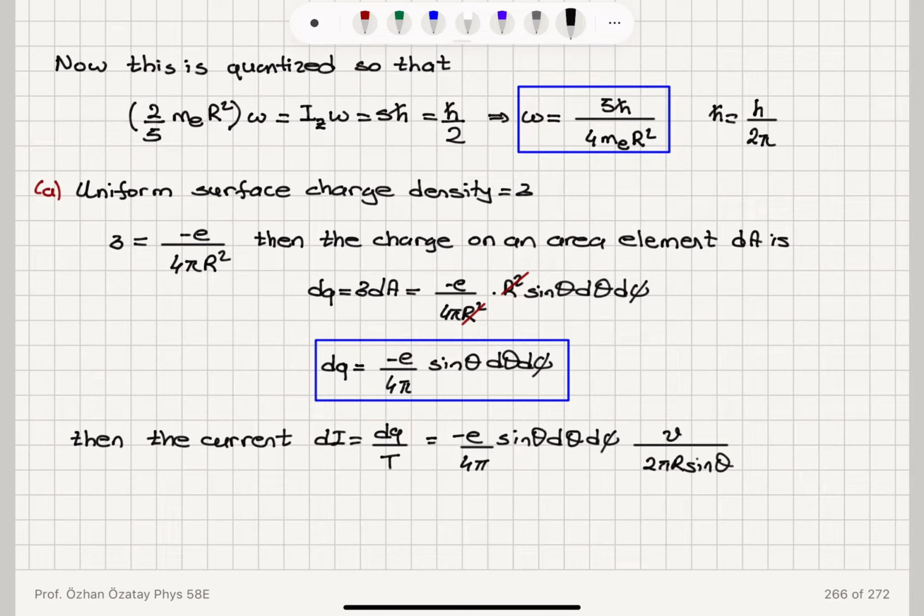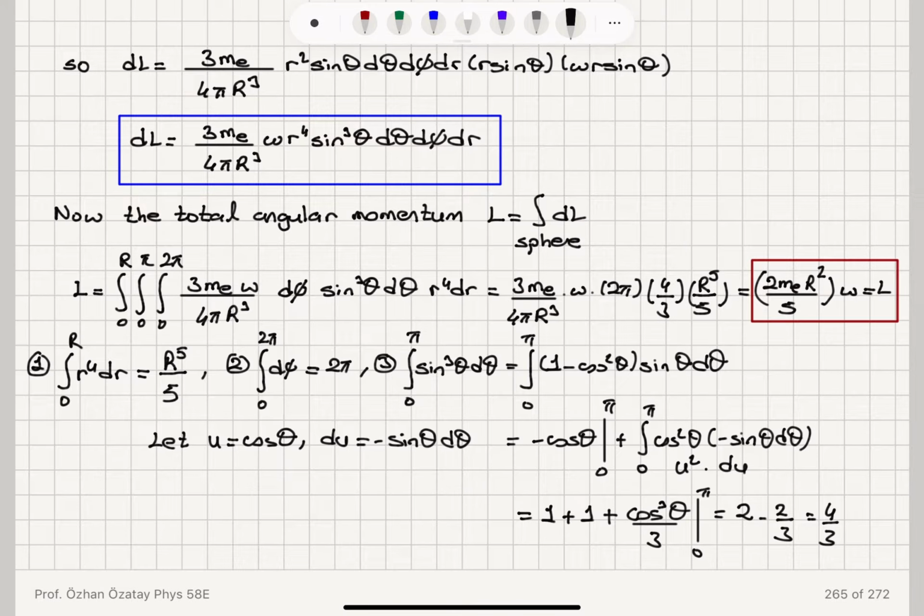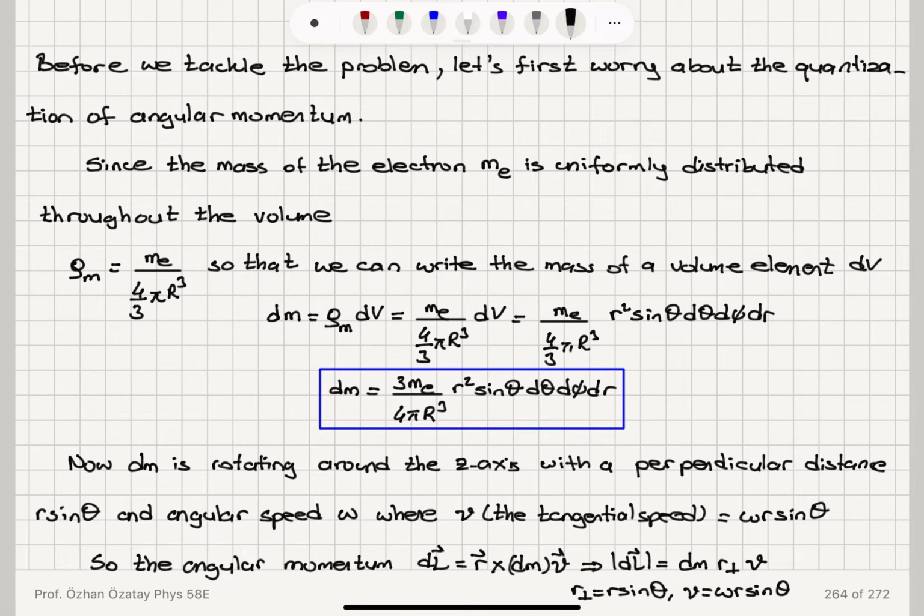v is our tangential speed. We have talked about this before. The tangential speed v is equal to omega R sine theta, which is also equal to 2 pi R sine theta divided by the period. But this was for the solid sphere. For the case of the surface charge, this will be replaced by capital R sine theta.